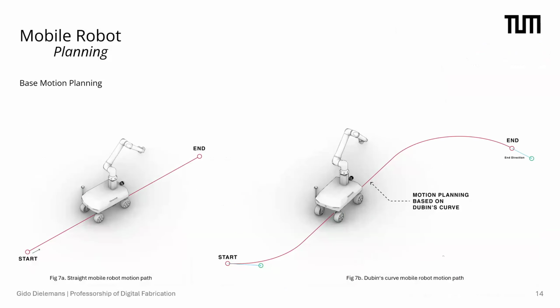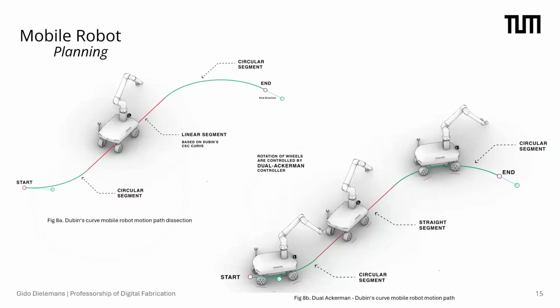Now, moving on to planning. So you can think of base motion planning as just a start and an end point. Now, of course, that can become a little more complicated. So we have a curve. To make it simpler for the robot, we can divide it into circular segments and linear segments. And this is called a Dubins curve.